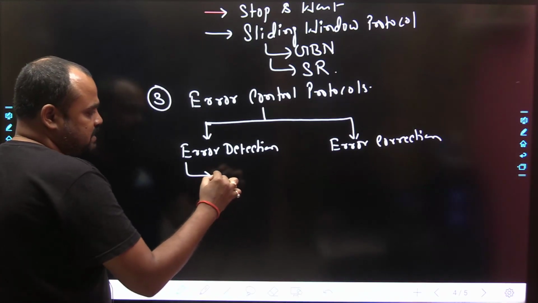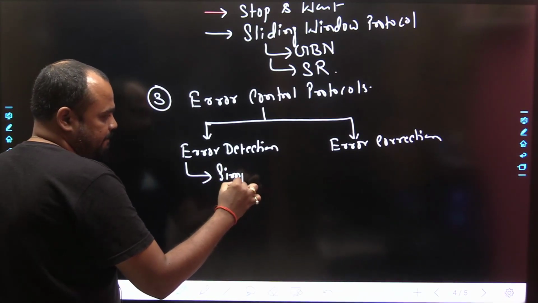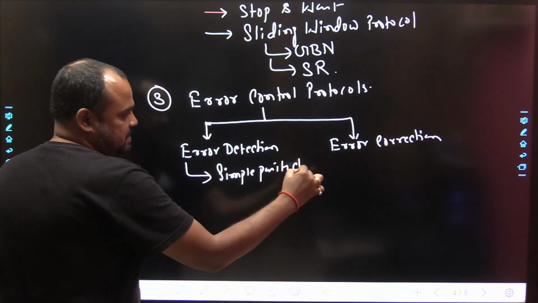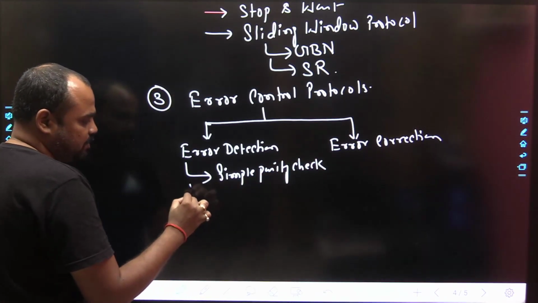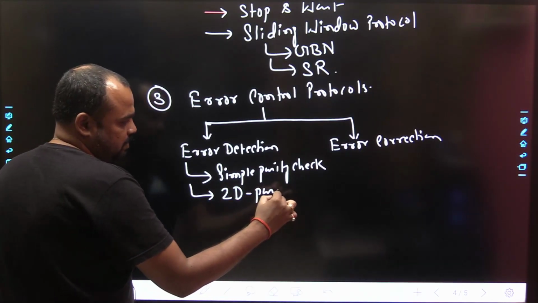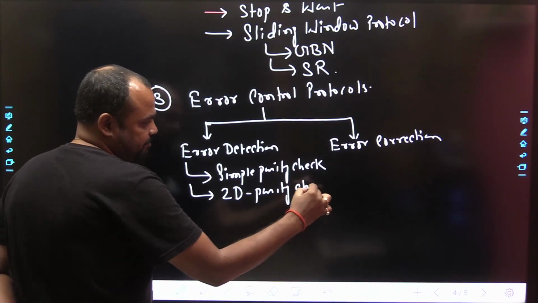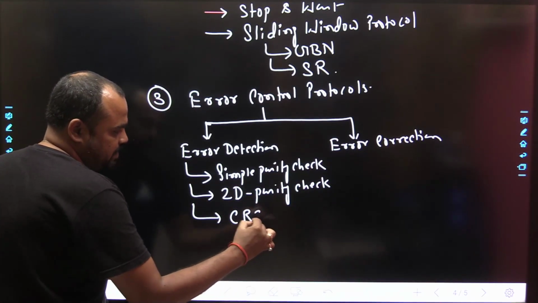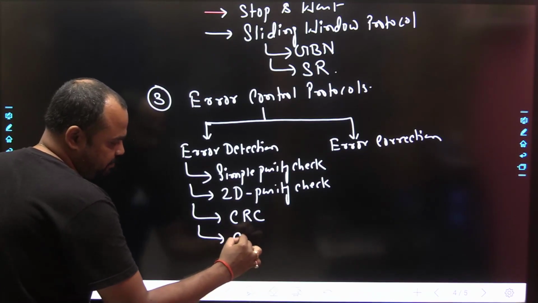The first one is simple parity check. The second topic that we have to deal with is the 2D parity check. And the third topic is the CRC, and the last one is the checksum.